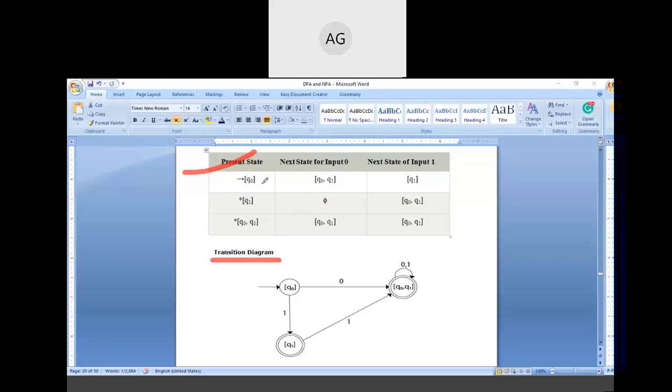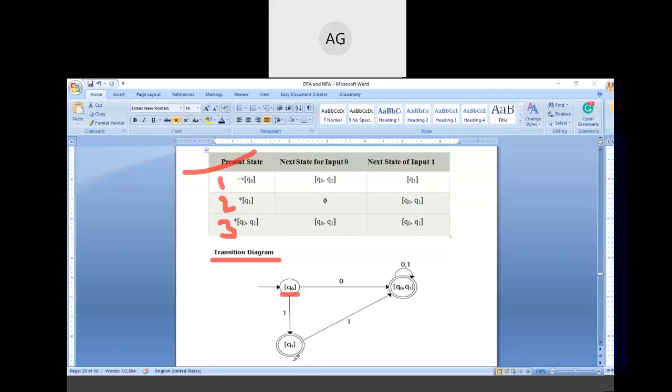Just check the present states. Here we have three states: one is Q0, second is Q1, and third is Q0 Q1. We write Q0 as the initial state.